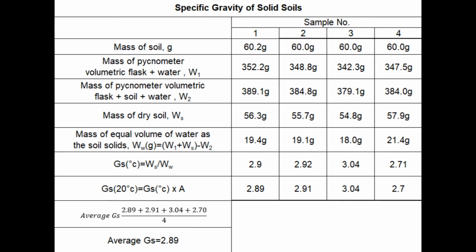And then, we should multiply the specific gravity by the given values of A at a specific temperature. As shown in the table, these are the values of A. As we measured the temperature, samples number 1 and number 4 had a temperature of 30 degrees Celsius, while samples number 2 and number 3 had a temperature of 29 degrees Celsius.